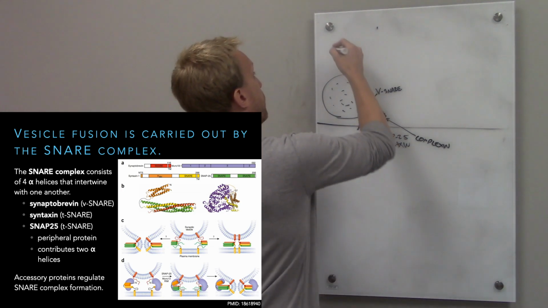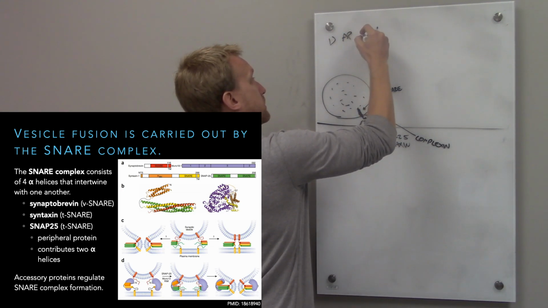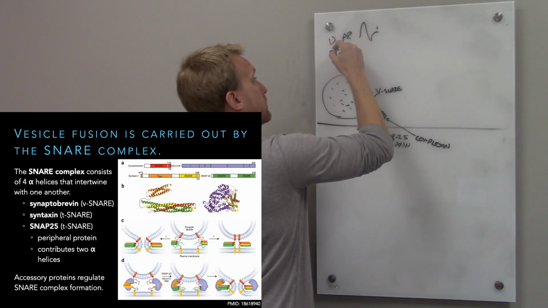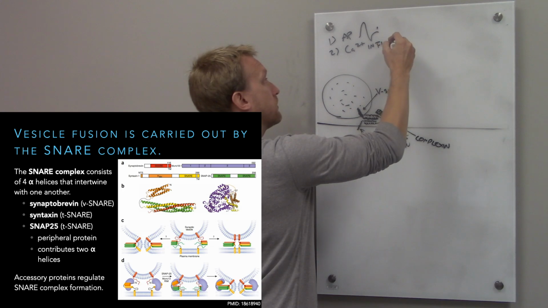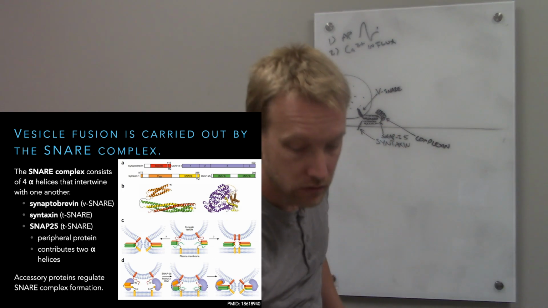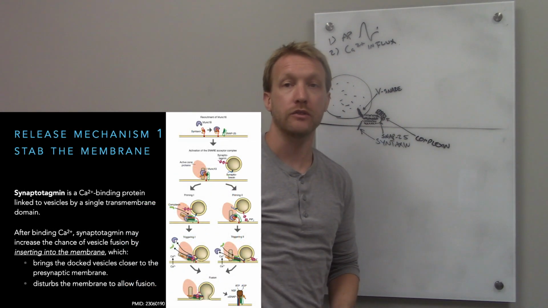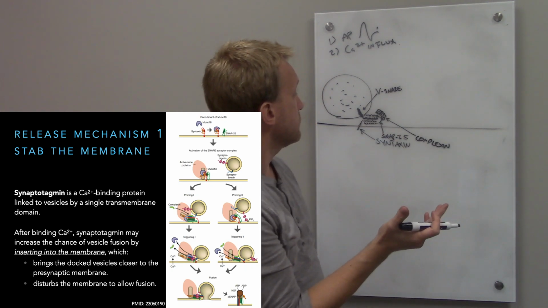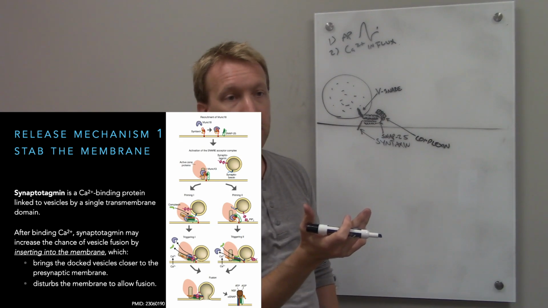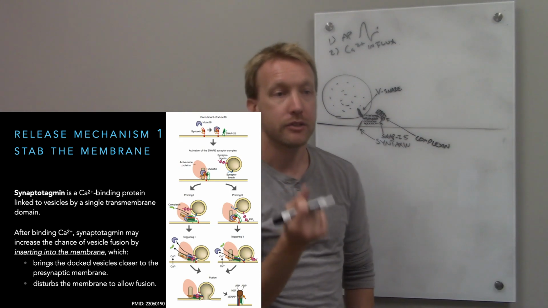So, step 1, we got to get an action potential so that we get calcium influx. So we've covered that. Now what? Well, one of 2 things, maybe both. The first thing that calcium does is bind to synaptotagmin.